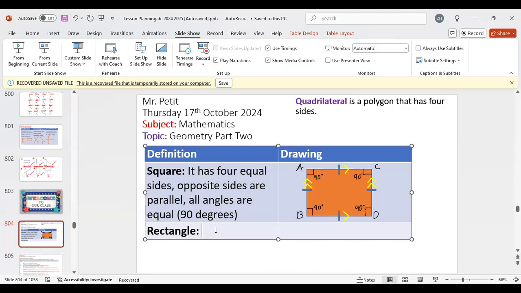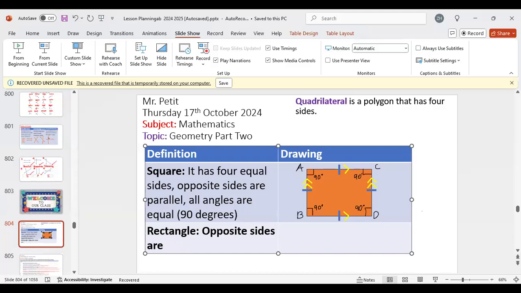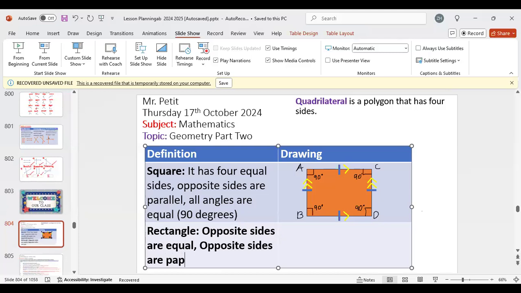So we know that opposite sides are equal. And then we know that opposite sides are parallel. Opposite sides are equal, opposite sides are parallel.